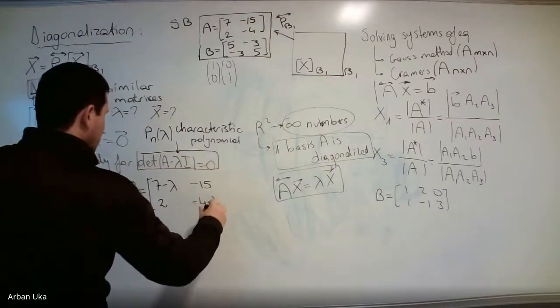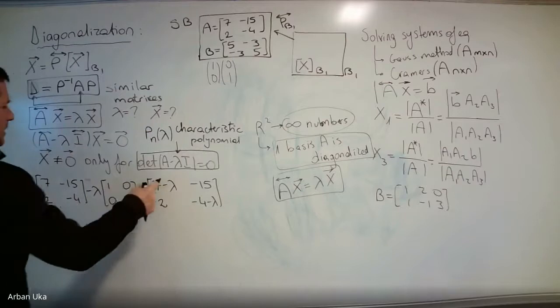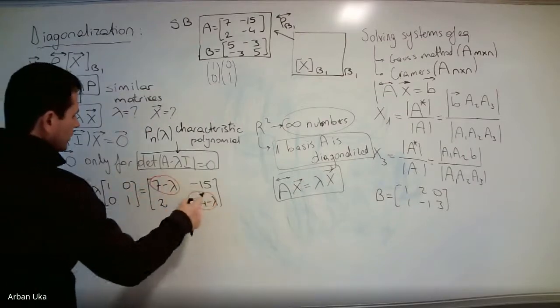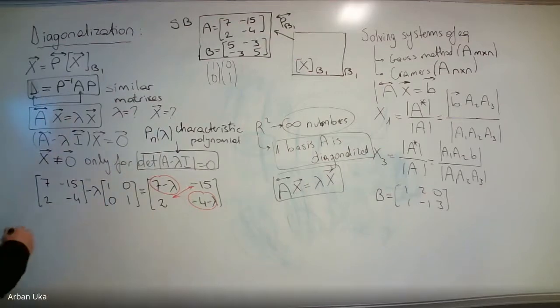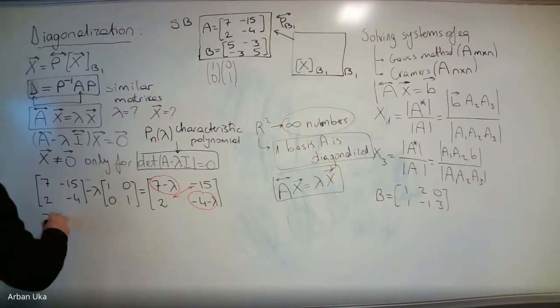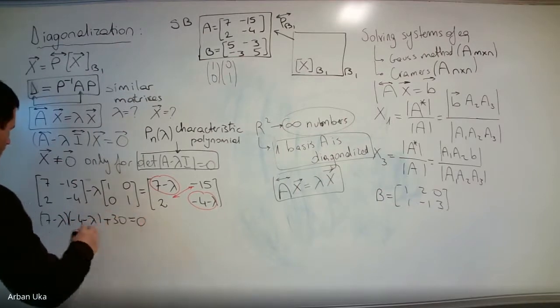We want the determinant of this matrix to be equal to 0, and the determinant is the product of these two numbers minus these two. Then here we get 7 minus lambda times minus 4 minus lambda plus 30, equal to 0.